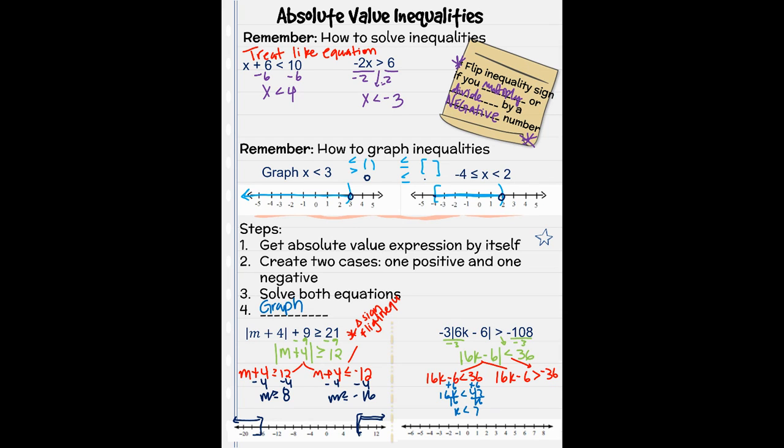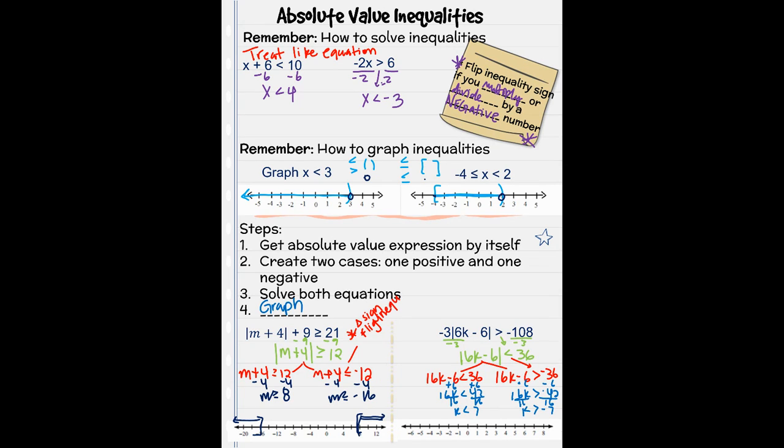All right, minus 6, 16k is greater than negative 42, divide by 16, k is greater than, oh, sorry, negative 7. Okay. K is greater than negative 7.